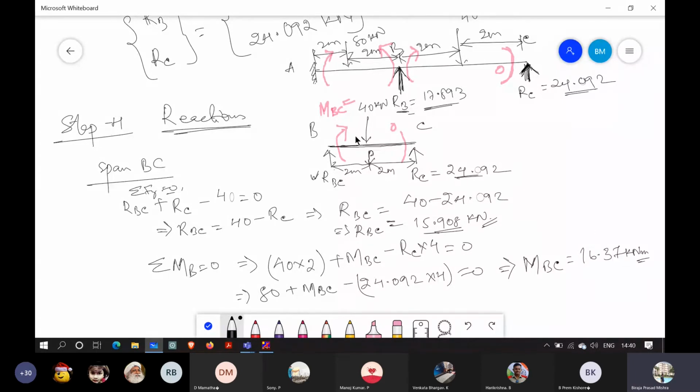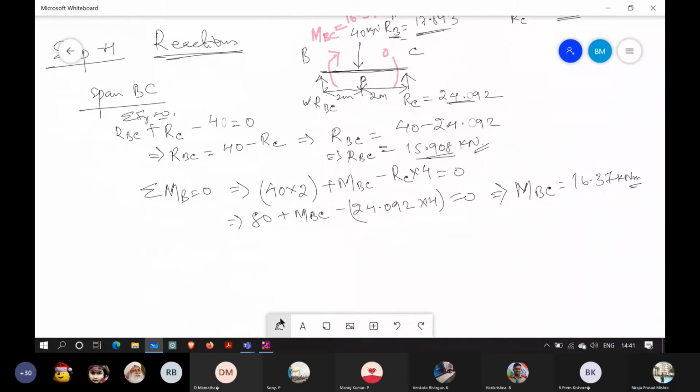Okay, so MBC is coming as 16.37. Now, if this is in this direction, then this moment will definitely be in this direction, but we will not be assuming that one. Let us find how much is that MBA. In order to find out MBA, what I will do is take this again.